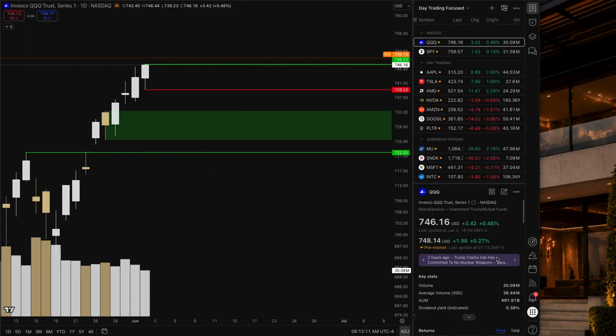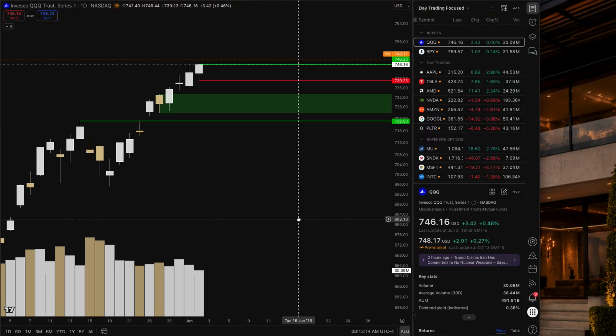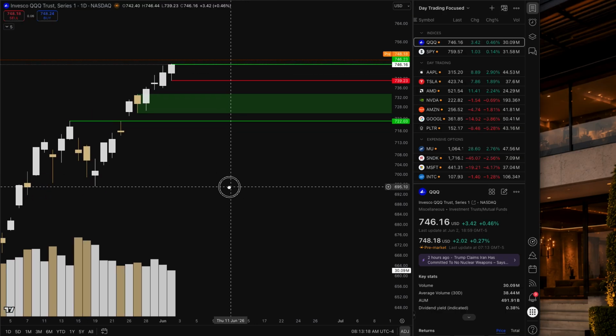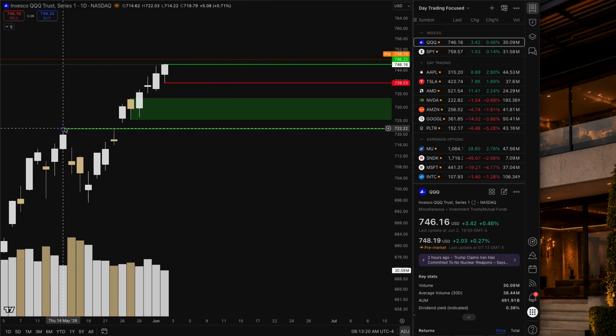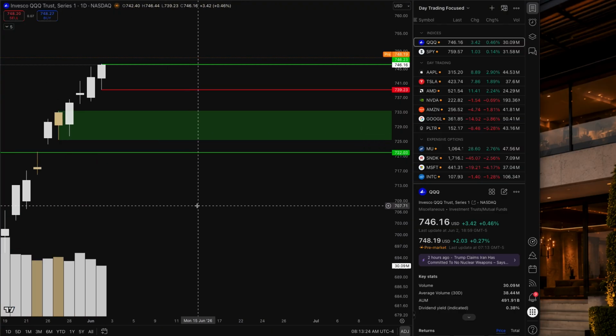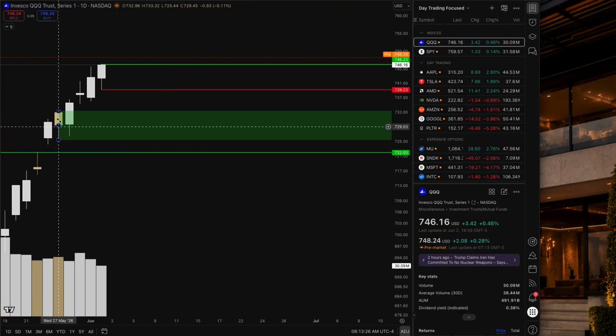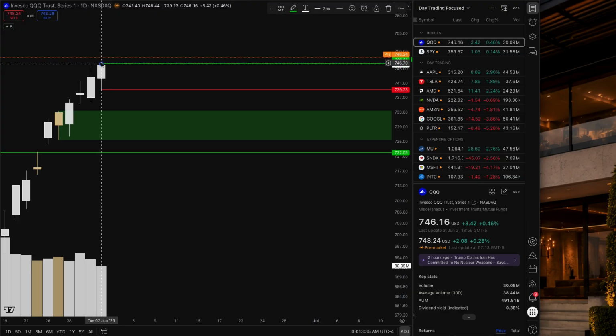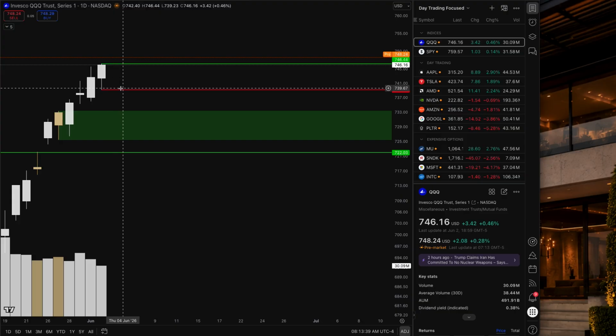Now let's go to the charts. For the first, I have the QQQ. As it's still intact, this is the swing high we had. Now this one, the down close candle, I have the support zone here. These are the previous day high and the previous day low key levels I have marked.